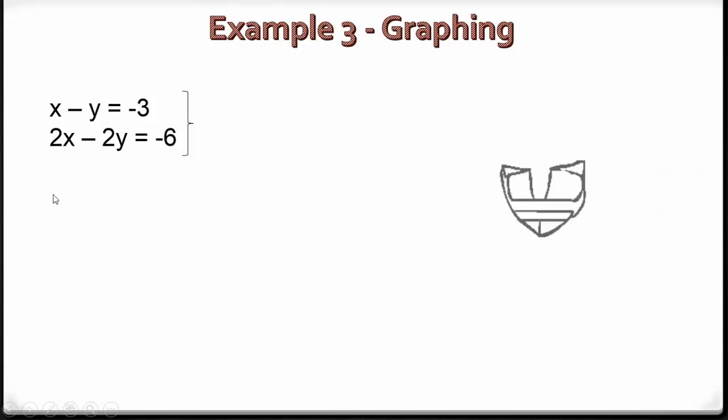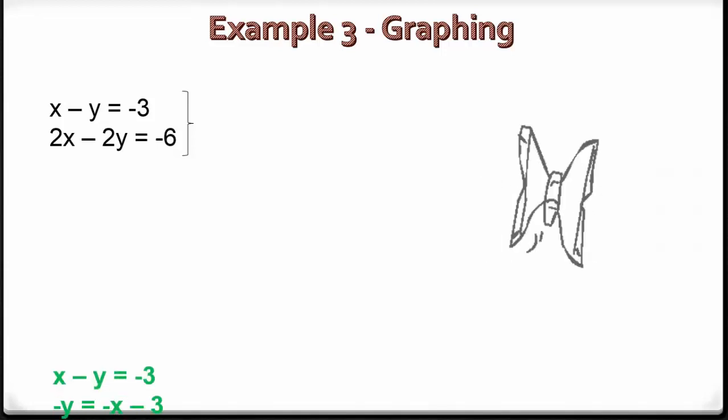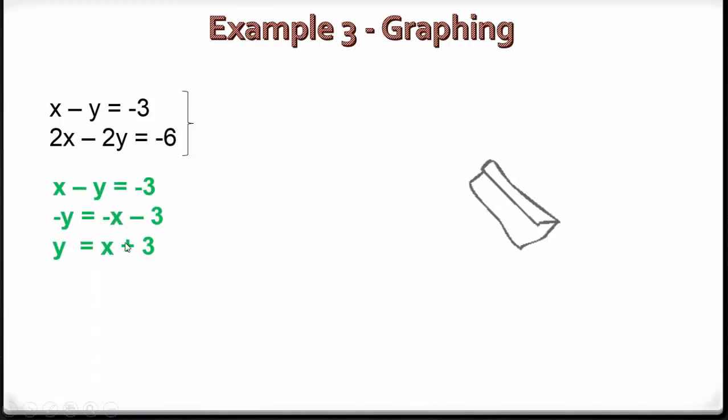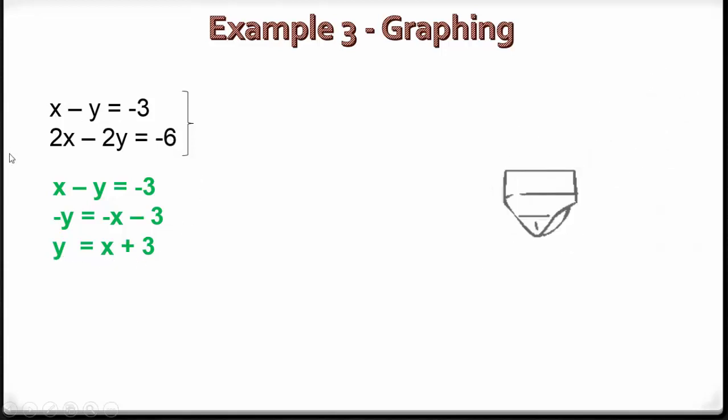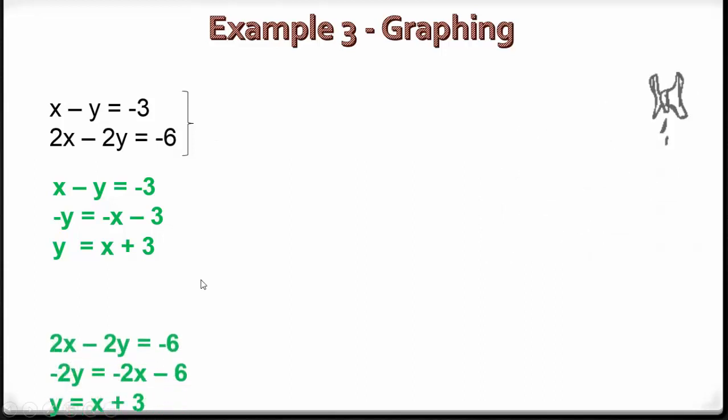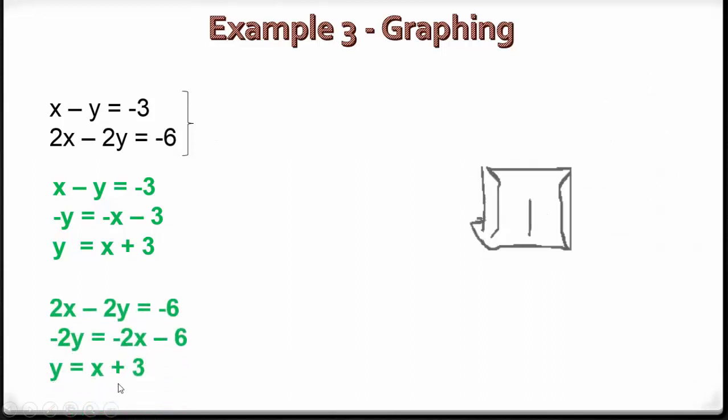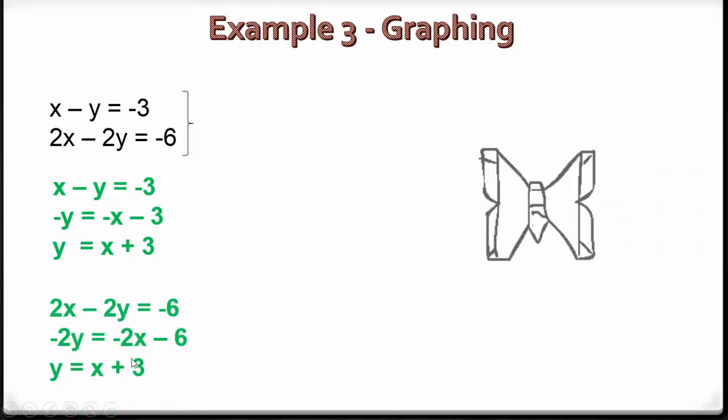So again, what I'm going to do is solve for y equals mx plus b, or find the slope-intercept formula. So I get, for the first one, y is equal to x plus 3. And then for the second one, I get y is equal to x plus 3. Wow!